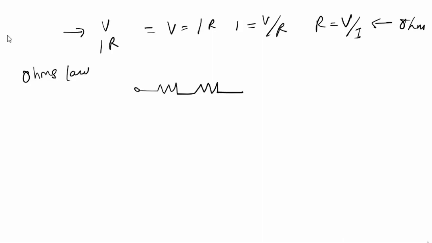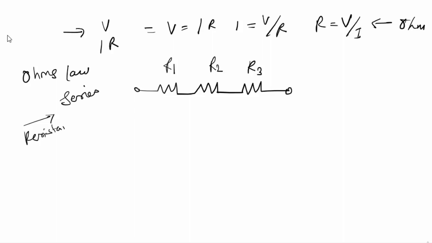So there are 1, 2, 3 resistances connected in series, and the value of each of these resistances is R1, R2 and R3. If you are connecting 3 resistances in series, you can call this a series circuit. We are considering only resistances in this case, not other elements like an inductor or a capacitor.